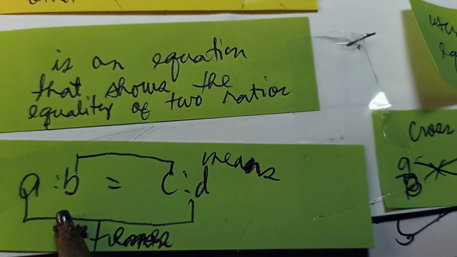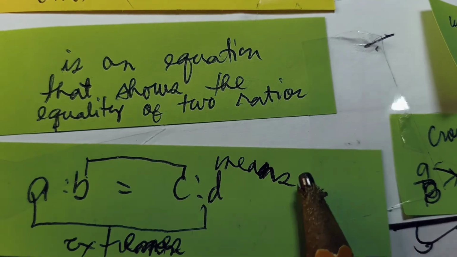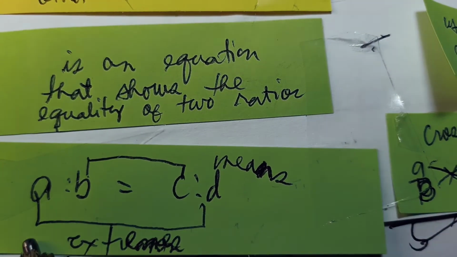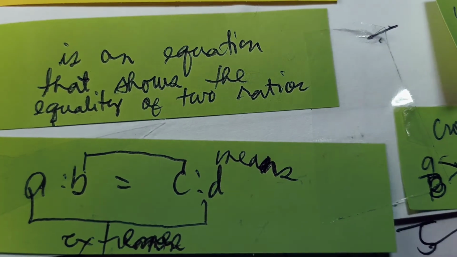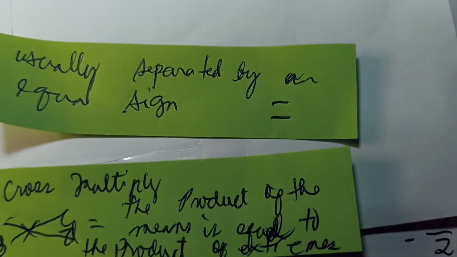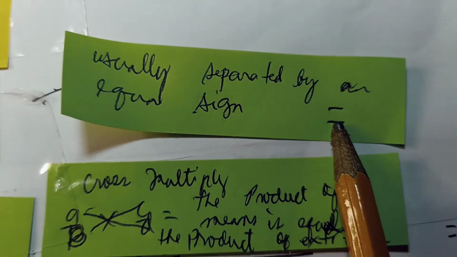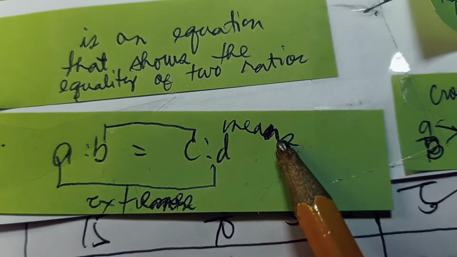So multiply B times C, that is called the means, and A times D, that is our extremes. In a proportion, usually there is an equal sign between two fractions.